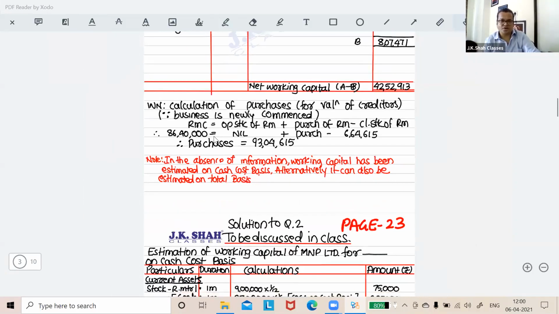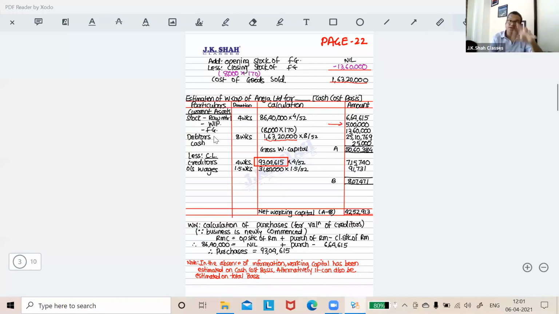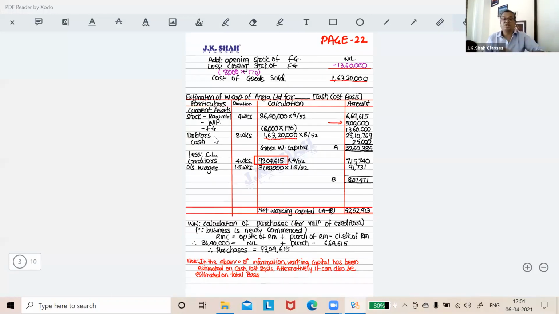Now, if you have not taken it, or if you have taken whatever, take this as a screenshot. Delete the earlier one, so you will have this with this note as well.